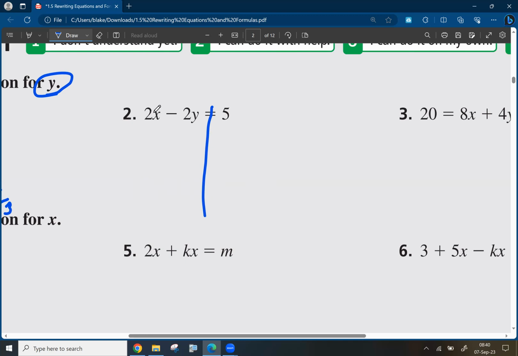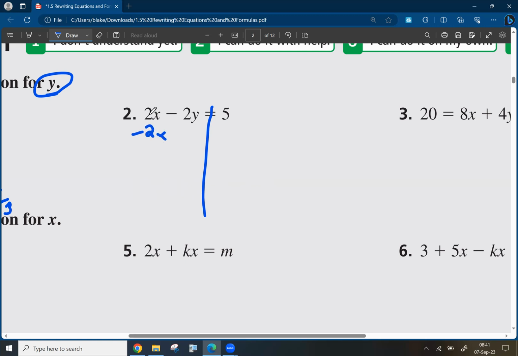So I need to get rid of it. How do I do that? Well, a lot of people look at this minus sign and think that we're subtracting the 2x. Again, that's not the case. You're not subtracting the 2x, you're actually subtracting the 2y. So that subtraction sign is not really relevant right now. This 2x is what I want to get rid of, and it's currently a positive 2x term. So for it to disappear, I'm going to need to subtract 2x from it.